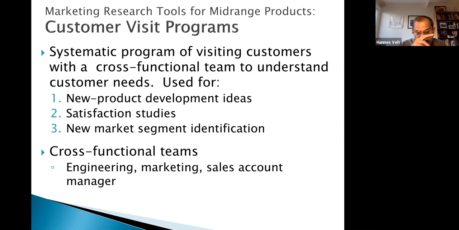So you need a cross-functional team, and the rationale for it is that you have a broad interface where communication is facilitated with your counterparts in the customer organization. So engineers talk to engineers on the customer side, accountants talk to accountants, salespeople talk to salespeople. And so there is a better, richer interface and better communication between the marketing company and the customer company.